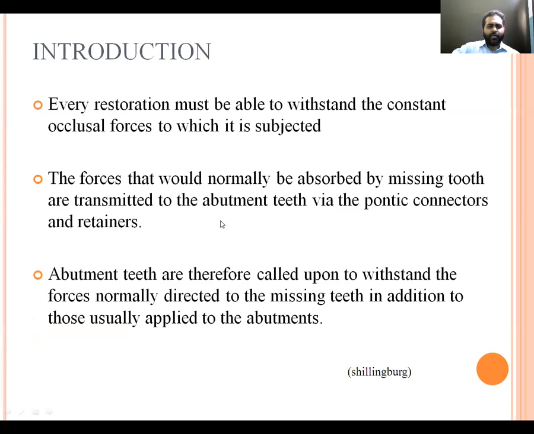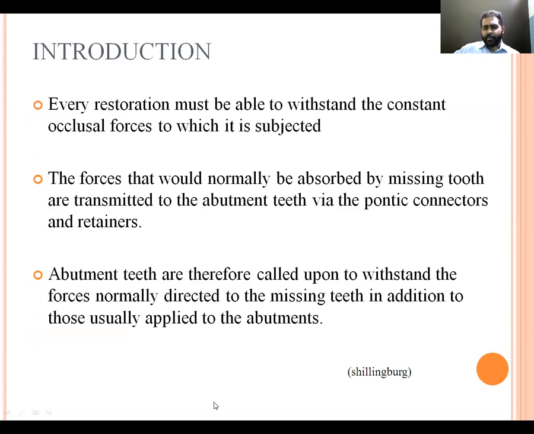So, as we all know, the selection of your abutment is very crucial in the success of your fixed partial denture. Your abutment with the restoration which you have chosen for your tooth has to withstand all the occlusal forces constantly. If it is not withstanding the occlusal forces constantly, then we have a problem in your fixed partial denture.